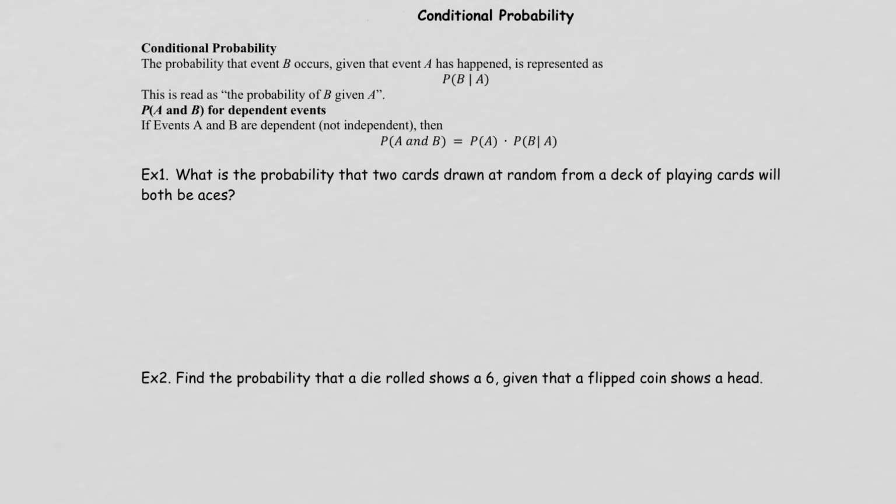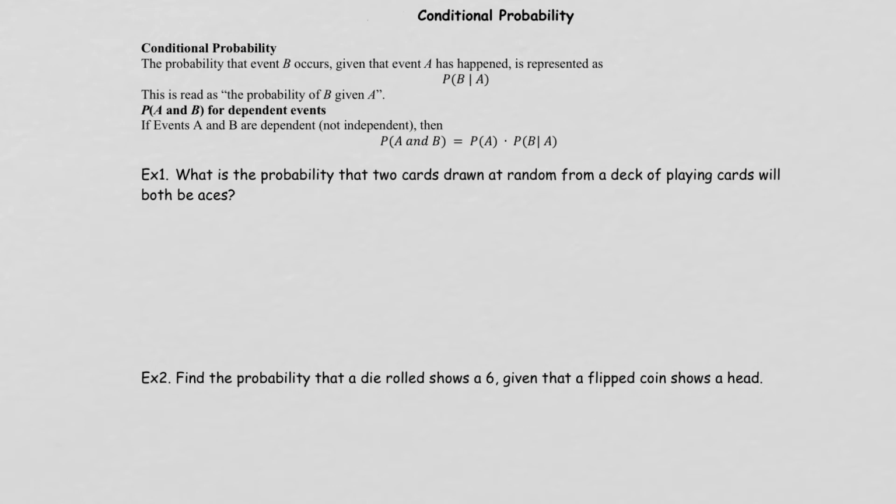They said that the two cards are randomly selected from the deck of cards, right? So we're assuming that we're not replacing them. In that case, depending on what you got on the first one, your probability will change on the second event. So this is going to be a dependent event, right?